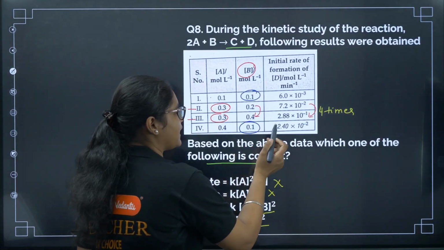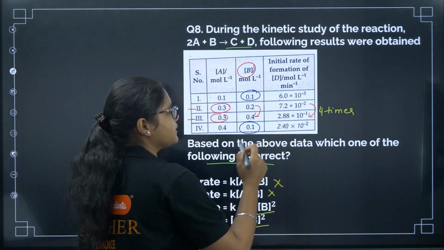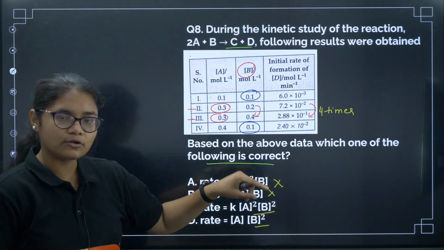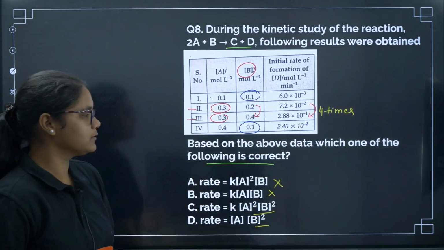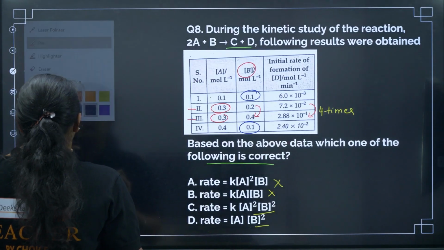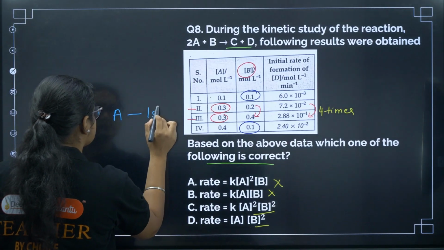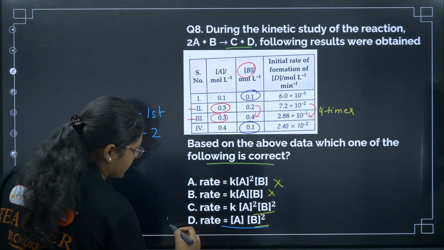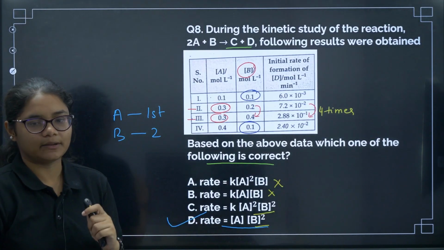And what has happened to the rate? If you see, the rate has also become 4 times, right? So if the concentration is 4 times, the rate is also 4 times, then it is a first order reaction. So with respect to A, it is first order, with respect to B, it is second order. So K A B square. So the correct answer for this question is option number D.